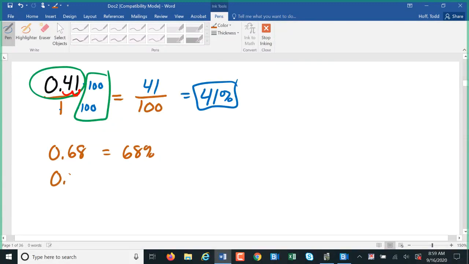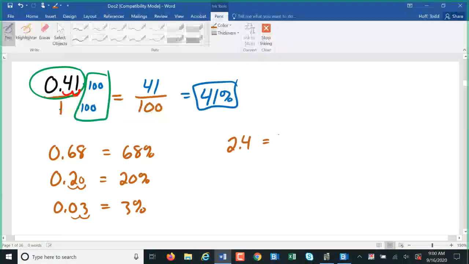If I have 0.2 as a rate, that becomes 20%, moving that decimal 2 spots. I have to add a 0 to fill in the spot there. 0.03 as a rate, moving the decimal 2 spots, that is 3%. 2.4 as a rate, moving that decimal 2 spots, is 240%.